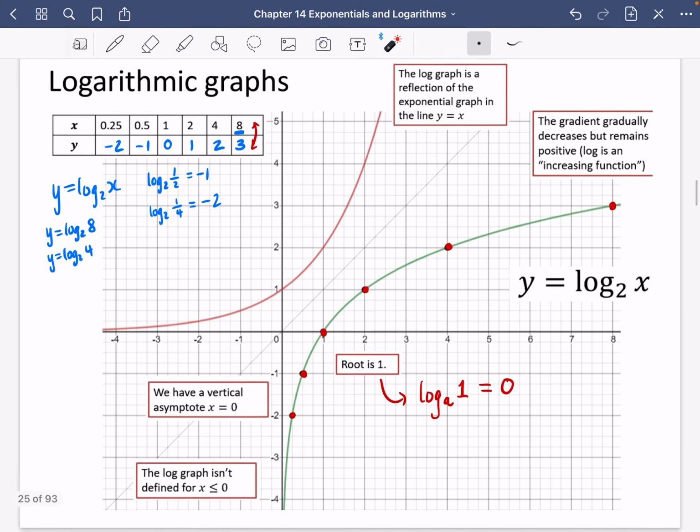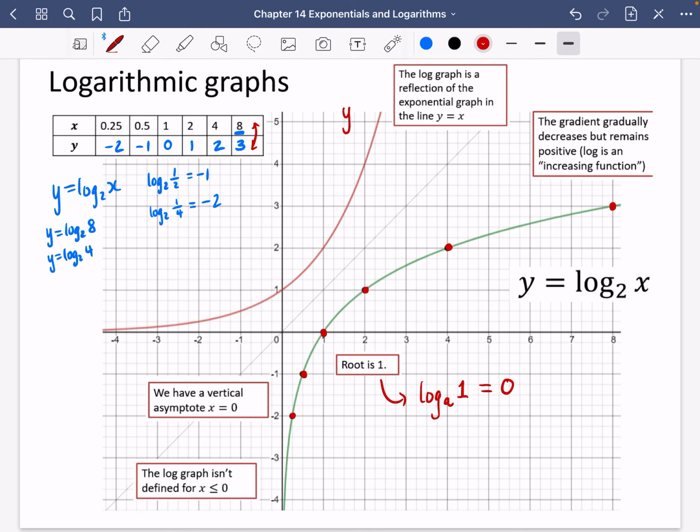And then the last one, which is actually only connected together when we do chapter 2 in year 2 pure, is that the log graph is actually a reflection of the exponential graph in the line y equals x. So this graph here is y equals e to the power of x, and we can clearly see that it's a reflection. Look, here it's crossing at 0, 1, and then suddenly it's crossing at 1, 0.